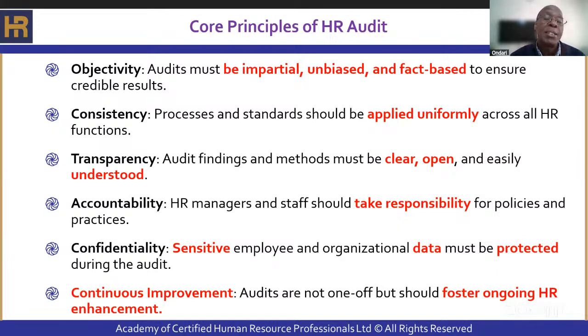Meaning that the decisions we make as professionals must be for the general good of the organization. General good means it benefits the whole organization or whole department, not an individual. So when we are conducting an HR audit, we are not going to benefit as individuals, but our departments or our organizations are going to benefit.